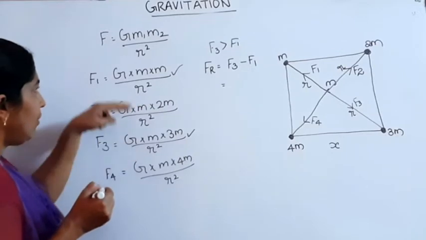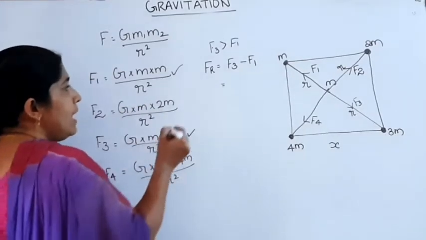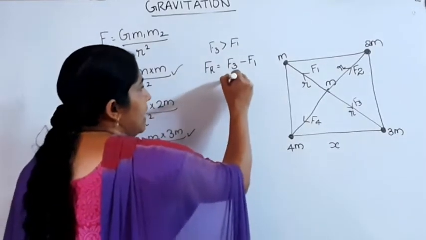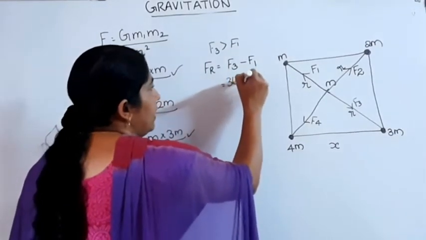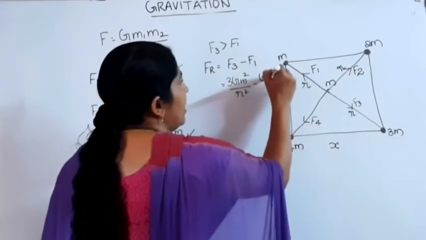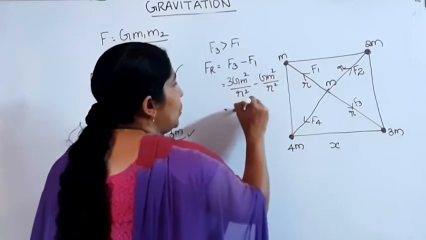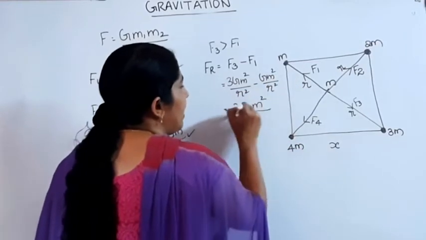From that, what about the resultant force? It's equal to 3GM square divided by R square minus GM square divided by R square. That's equal to 2GM square divided by R square.